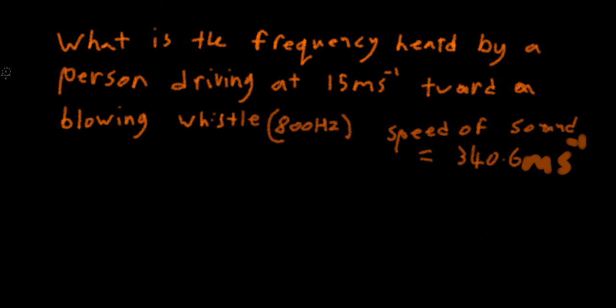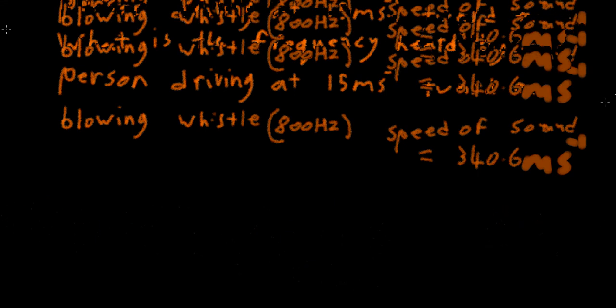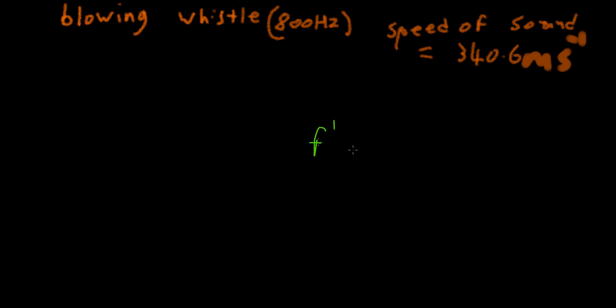So the equation we use for the Doppler effect, or one of them at least, is the apparent frequency equals the real frequency times the velocity of the wave divided by the velocity of the wave plus or minus the velocity of the source. So what does that mean?